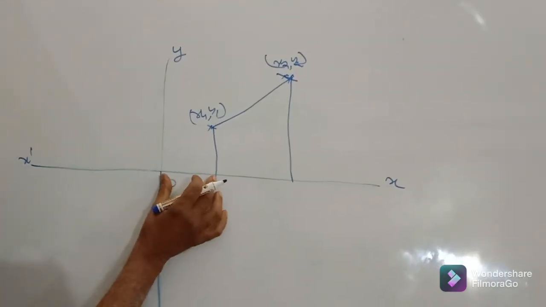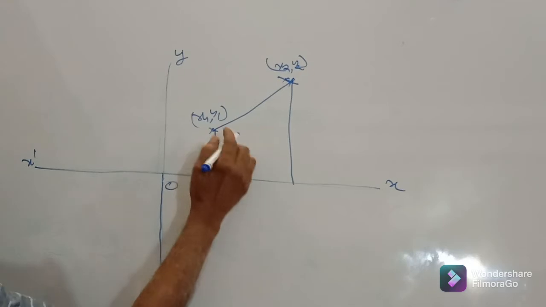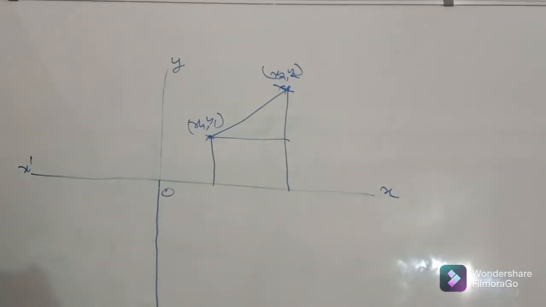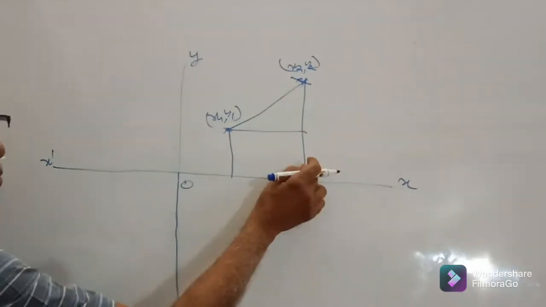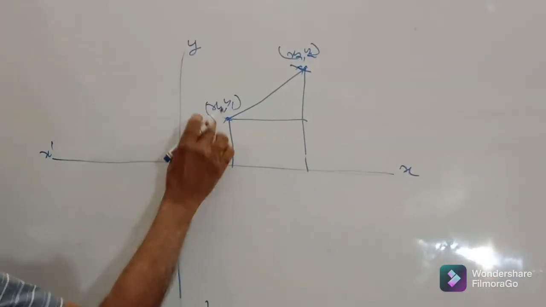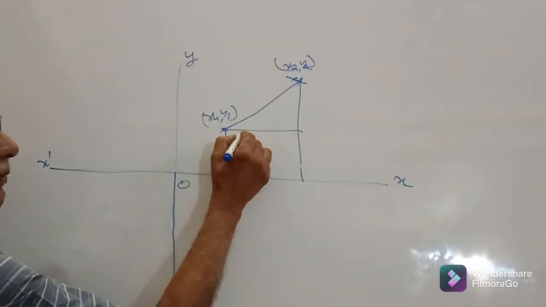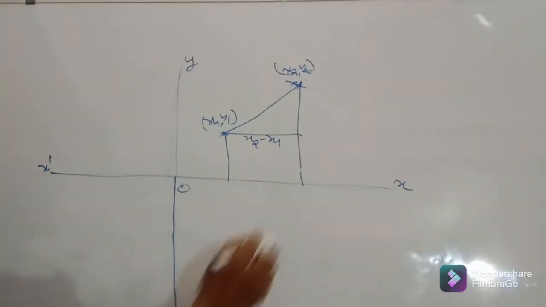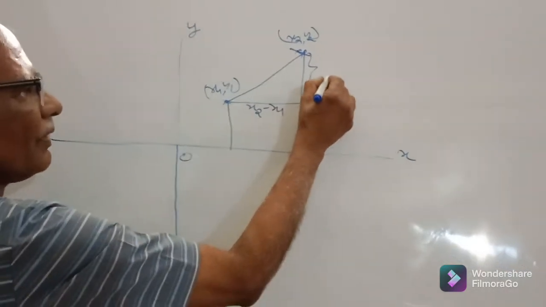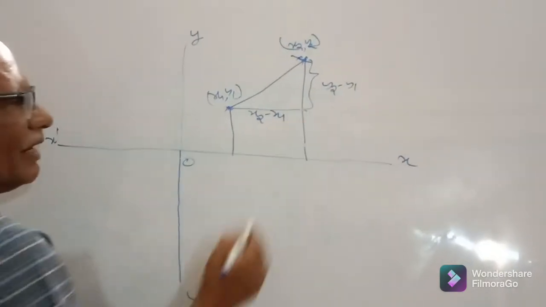Now this is x, this is x. So this fellow is the difference of x. Now here everywhere x is x2. Here everywhere x is x1. So this fellow is x2 minus x1. Now similarly, this fellow is y2 minus y1.